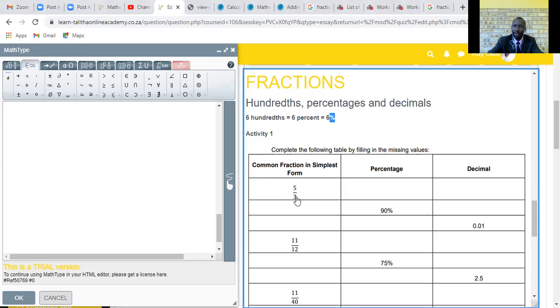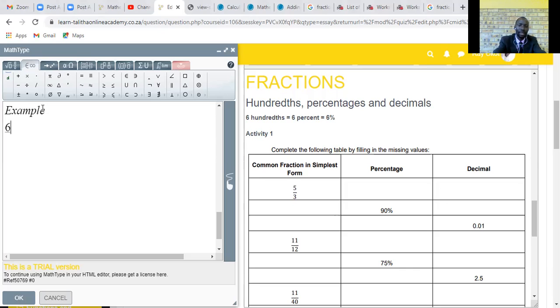Now, we have 5/3. If it was a number which was whole, and we are supposed to express it as a percentage, it would be like this. For example, 6 was a whole. So we will start with 6 as an example. So 6 in 100, we have been given 6 hundredths. So how do we express this?